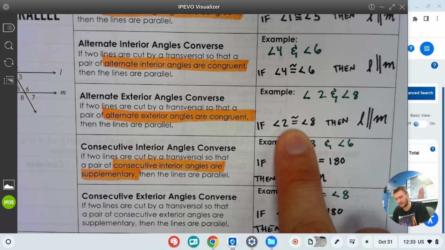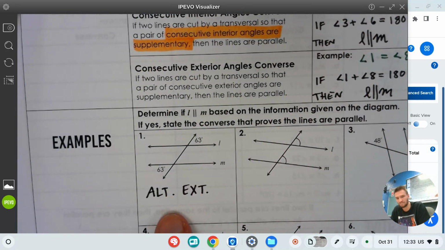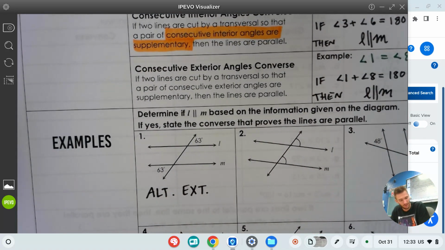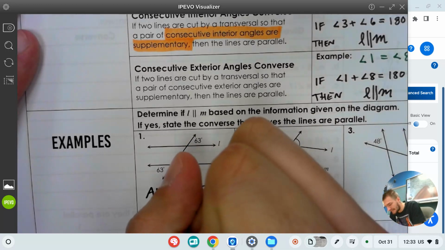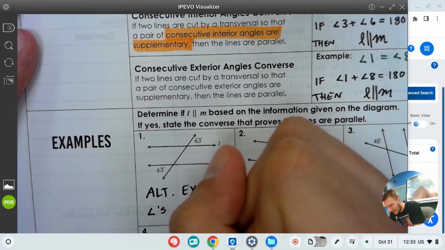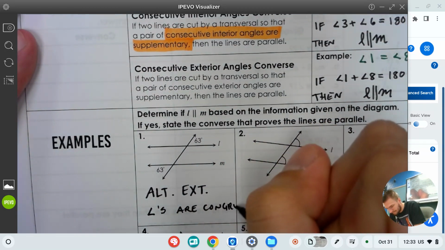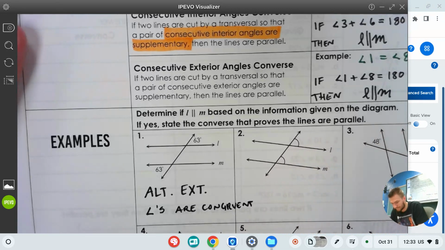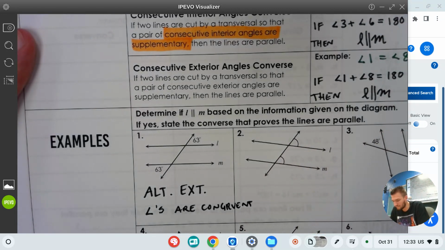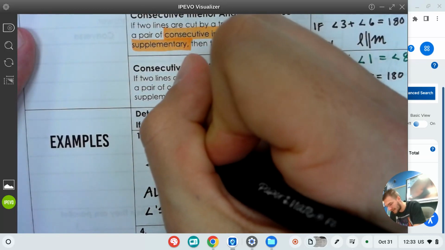If they're congruent, then we're parallel. Are we congruent? I think we're looking good. So I guess we'll just say that the angles are congruent. And that means that these two lines are going to be parallel.